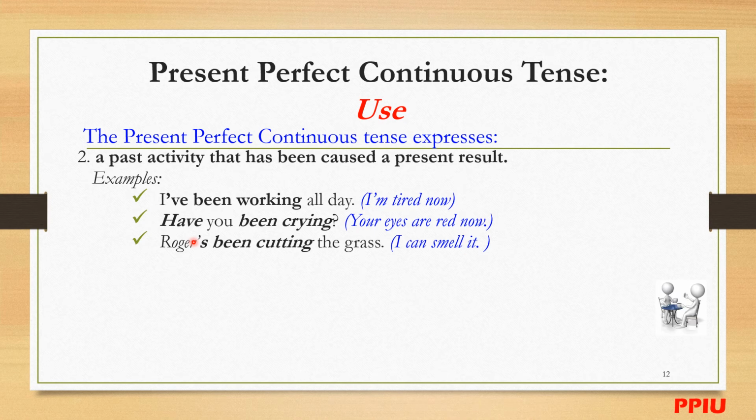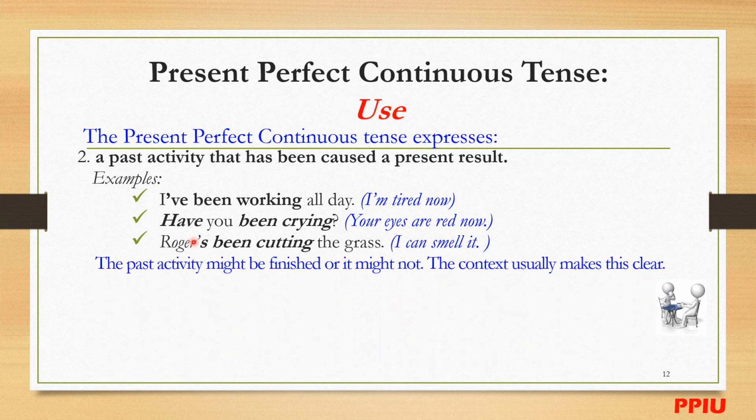It just happened and it still has some result that can be recognized. Okay, the past activity might be finished or it might not, but the context usually makes this clear.